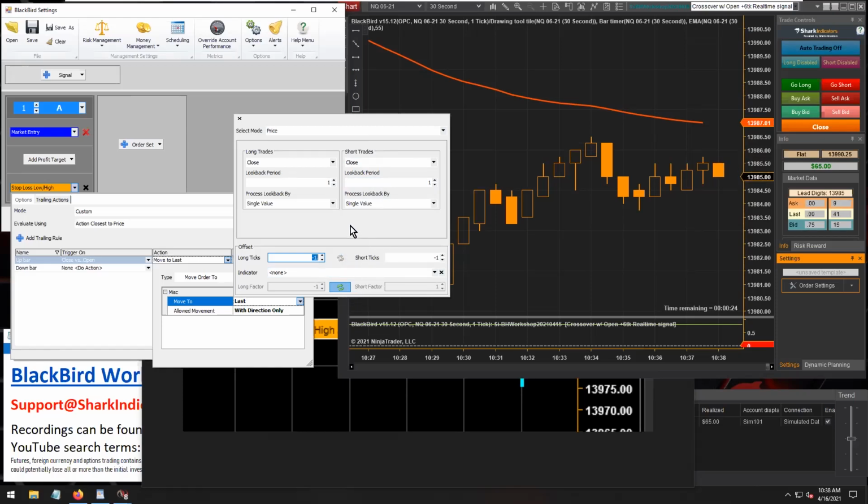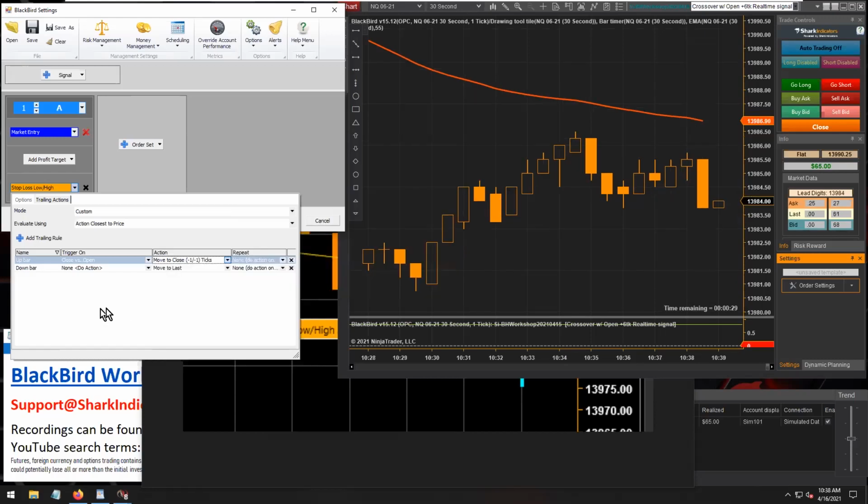So there we go. If it is an up bar, we want to take the closing price of the up bar and subtract 1 tick down from the close, and that'll put our stop loss inside the body of that bar.